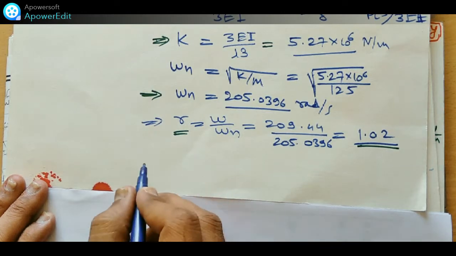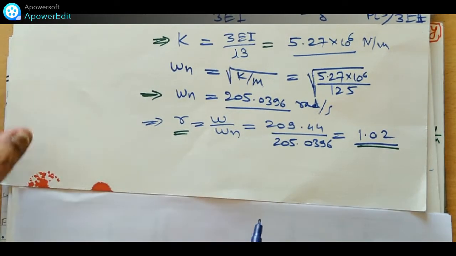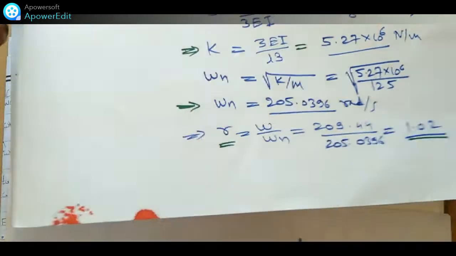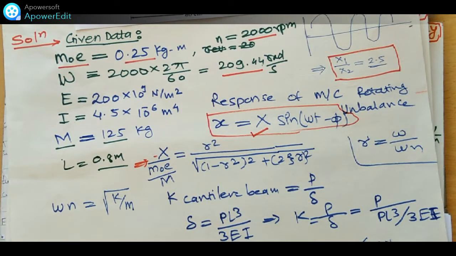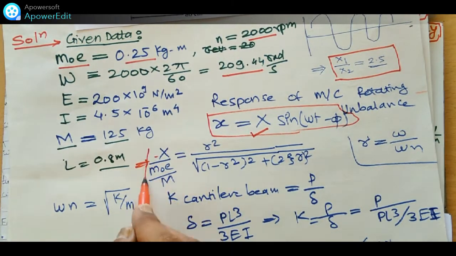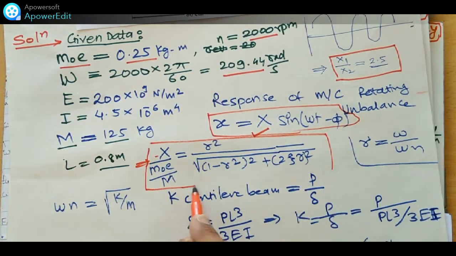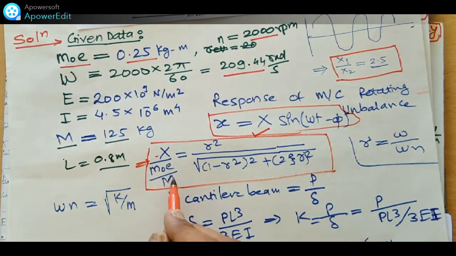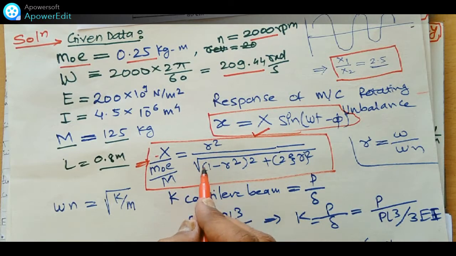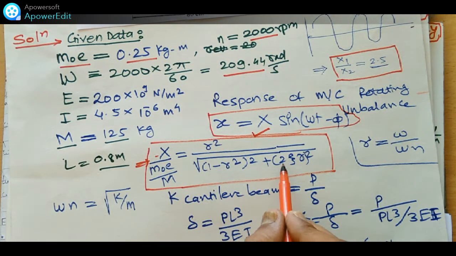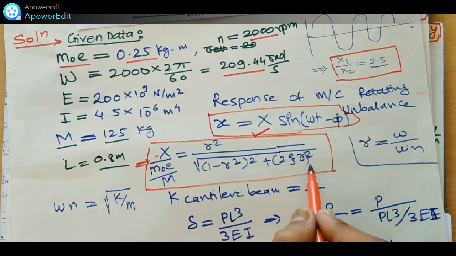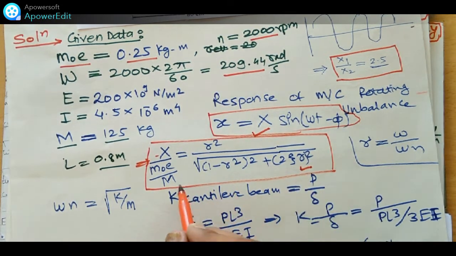See here, this is the formula for the X. This amplitude we can find out by using this formula: X upon MOE by M equals r square upon under root of [1 minus r square] whole square plus [2 zeta r] whole square. R we know in this case, MOE we know, M we know, but zeta we don't know.